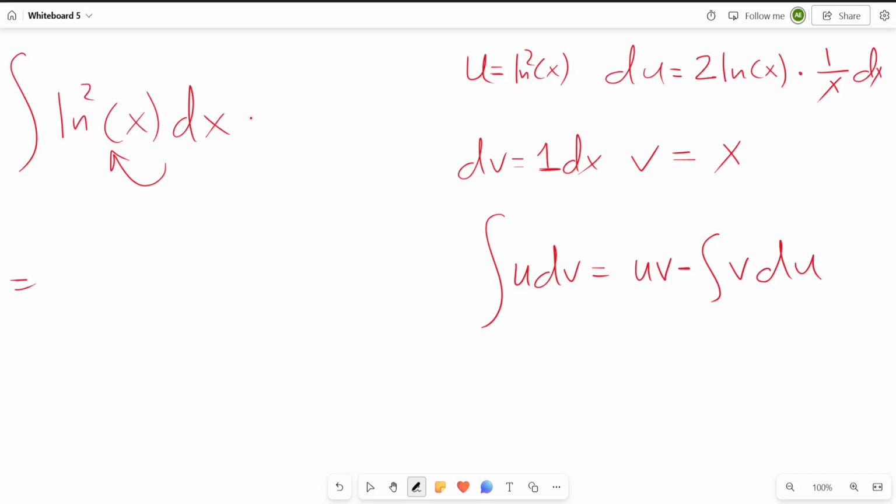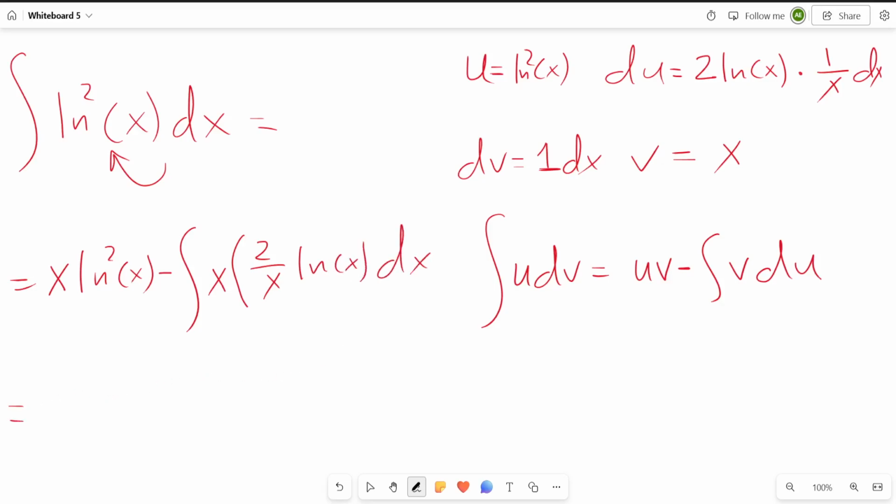This is equal to uv, so my u is ln squared x and my v is x, so multiplying them together gives x times ln squared of x, minus the integration of v du. So v is x, multiplied by du, which is 2 times 1 over x, basically 2 over x, multiplying ln of x dx.